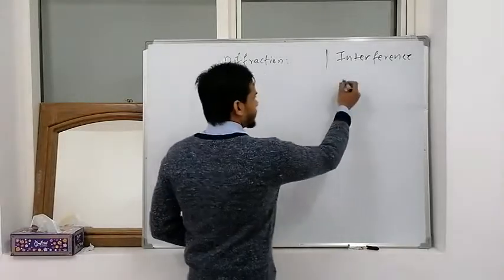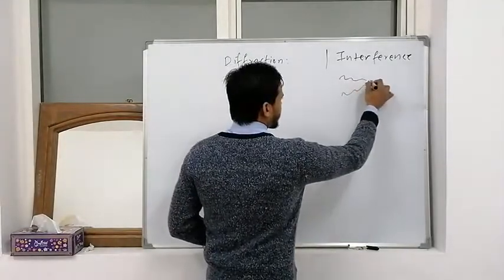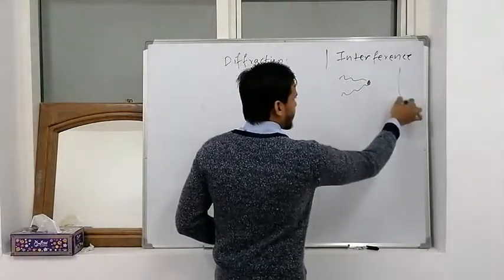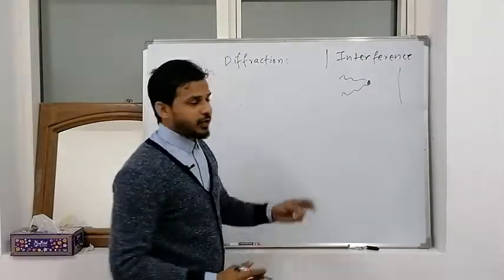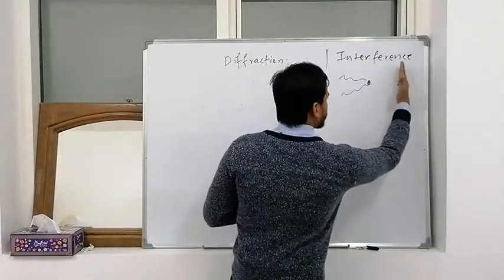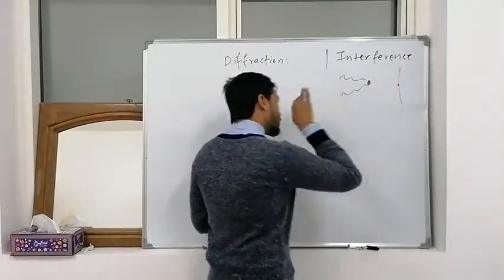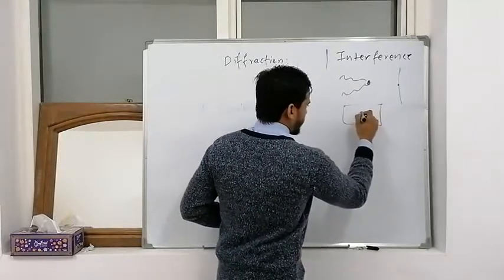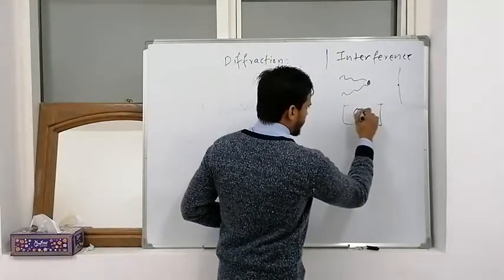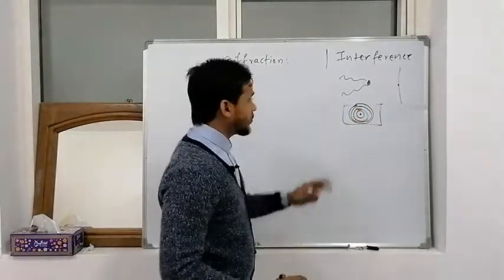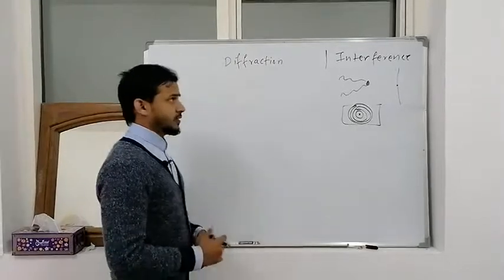For example, these two waves come and join together at some point, and we get the interference pattern. If you look from this side, it will look something like this.